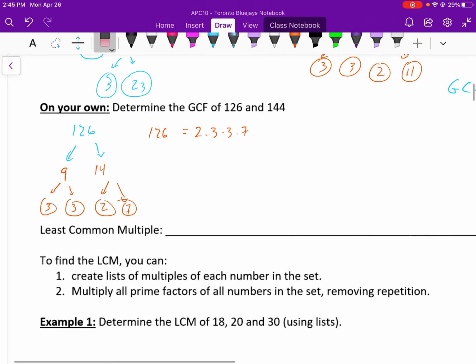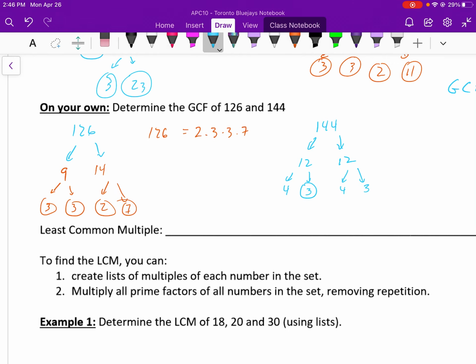Well, 144 is my type of number, to be honest with you. I'm not going to try to split it up into prime factors. I'm just going to split it up into the factors that I know. It's 12 times 12. Now 12 can be split up into two factors, and really this is 4 times 3 and 4 times 3.